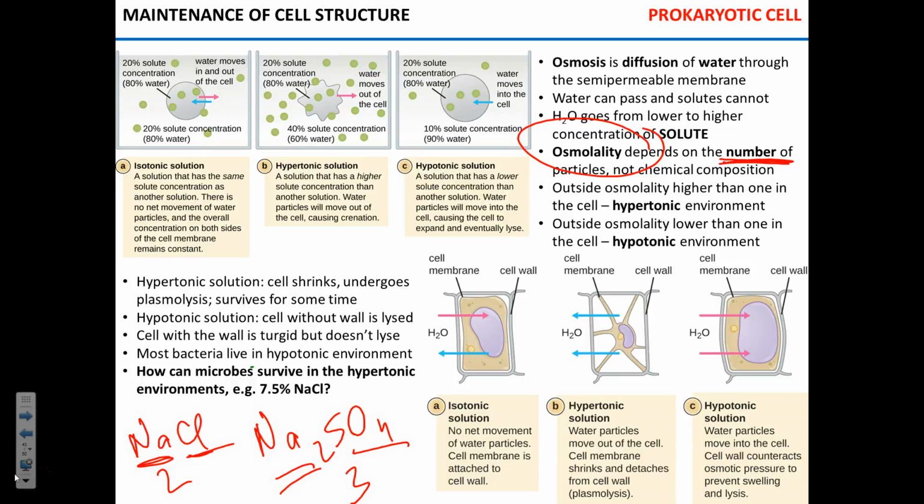Now, the environment in which you can place the cell can be characterized as isotonic, hypertonic, or hypotonic. So an isotonic solution is when the osmolality of the fluid inside the cell is the same as outside.